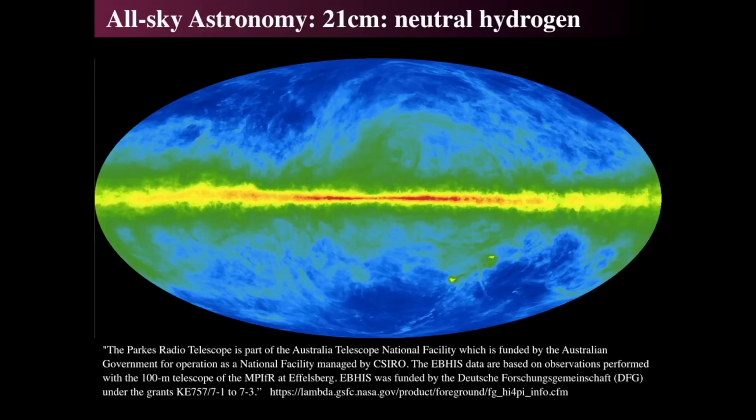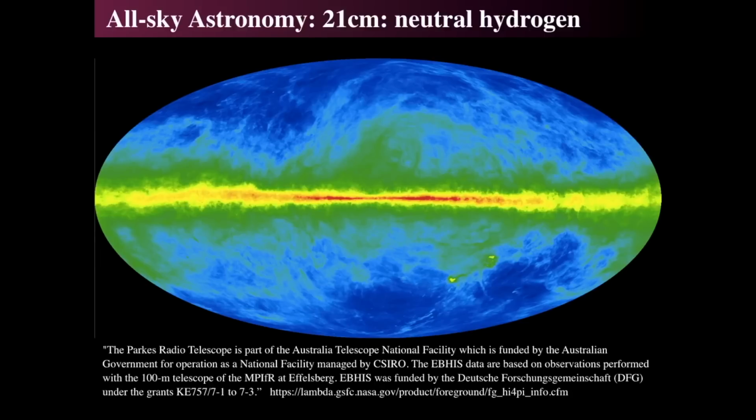And 21 centimeters is the wavelength that neutral hydrogen emits, that is, hydrogen that is not in molecular form like two hydrogen atoms together, but a single hydrogen atom. And what's happening is that across the Milky Way, occasionally the electron in its orbit flips from being spin up to spin down, and it's an extremely low energy emission. And this very, very, very low energy emission is in the wavelength of 21 centimeters.